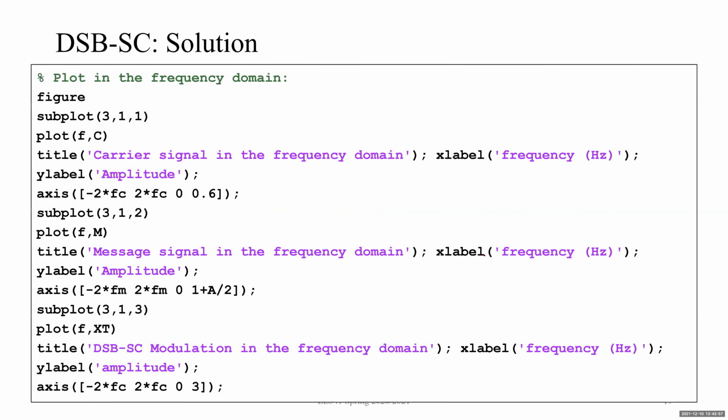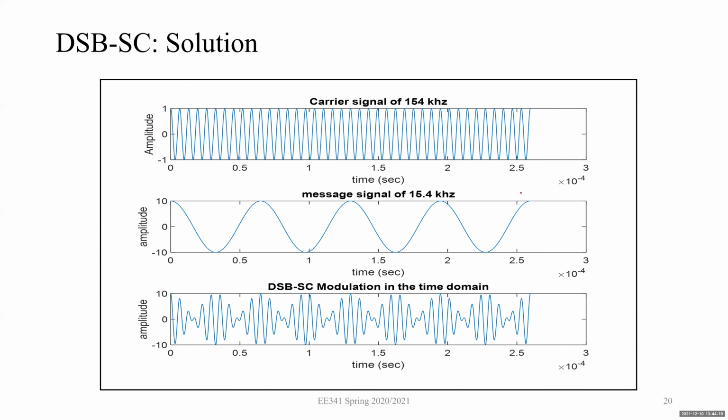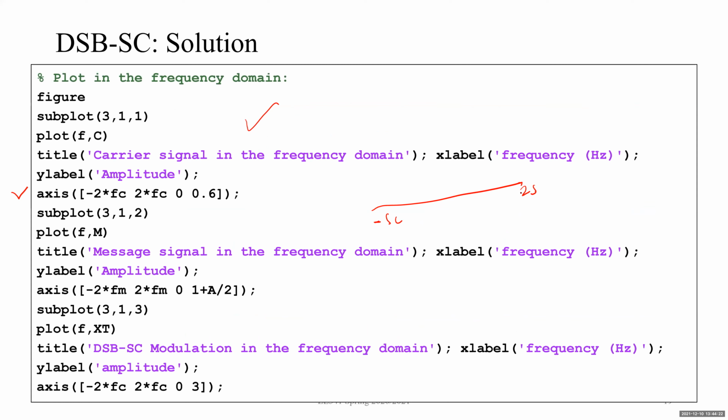And then here it is only plotting. So what is this axis doing? The axis will be from minus 2 fc to 2 fc. If you see the figure here, it goes from minus to plus, and then this is my amplitude, and this is the starting number.